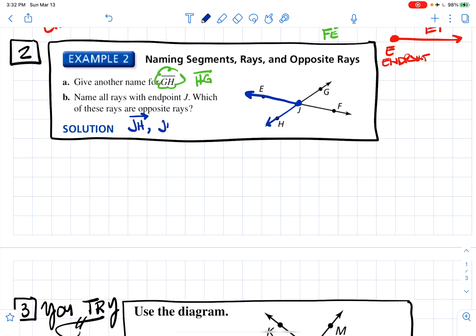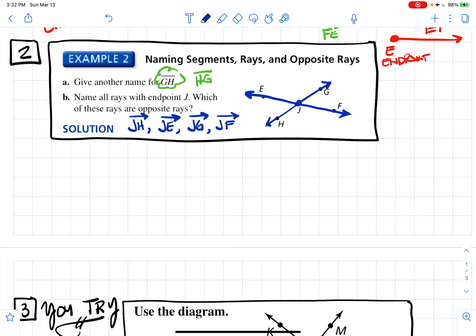Again, J is the endpoint and shooting off to E. I could also have JG, and again with my arrow. And then finally another one could be JF. So each of these 4 rays all have J as the endpoint.